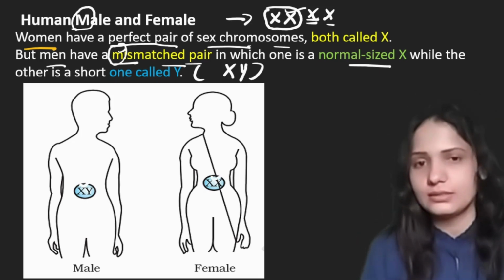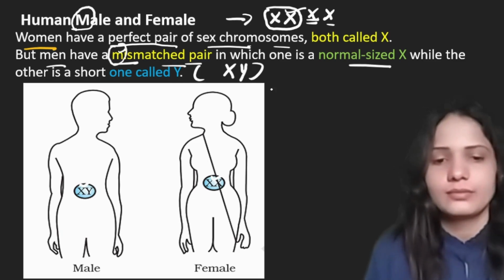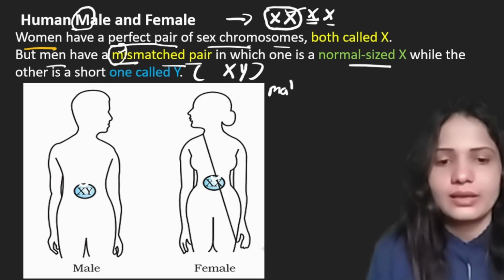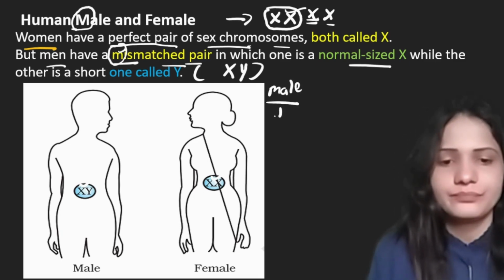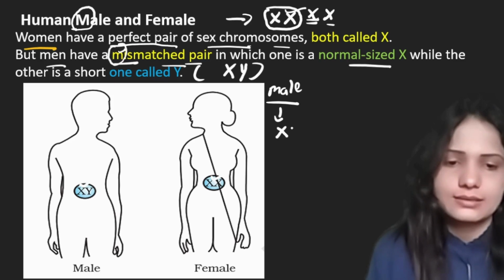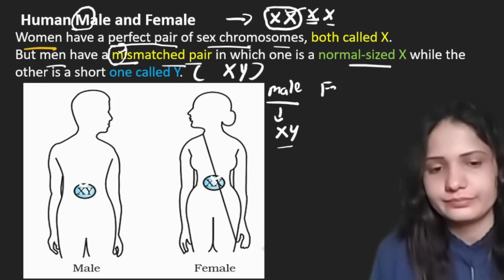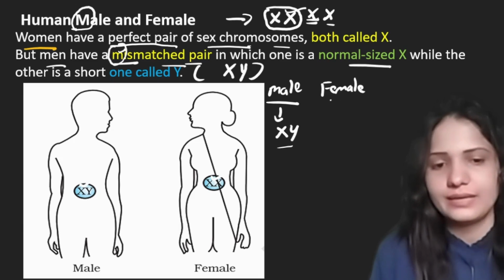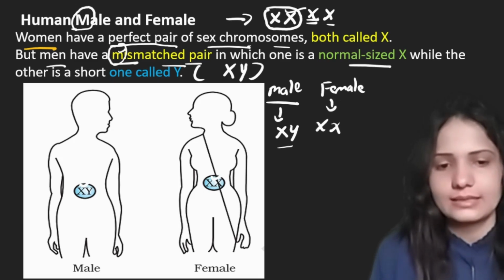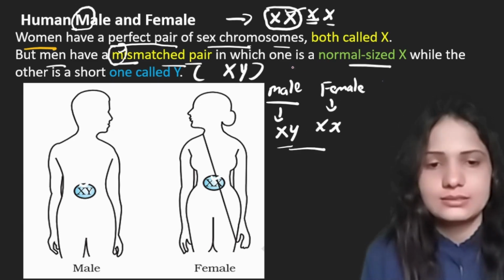Now you understand that in case of male, if I write down here, we have X, Y. And in case of female, we have X, X. One more thing.